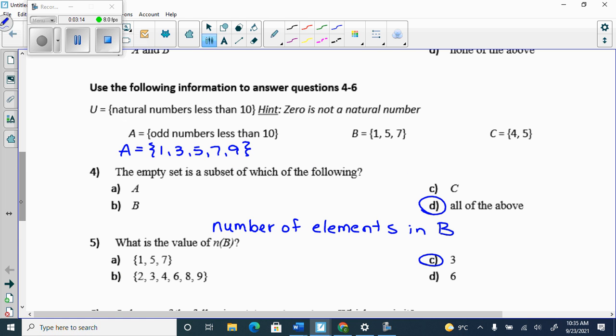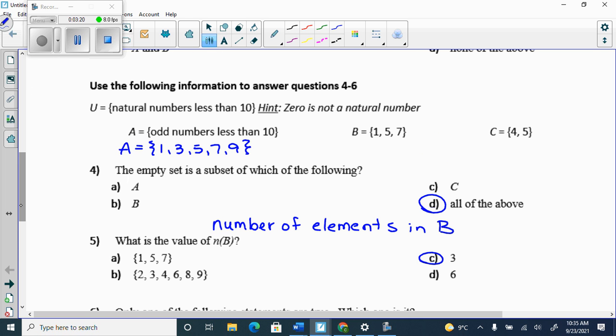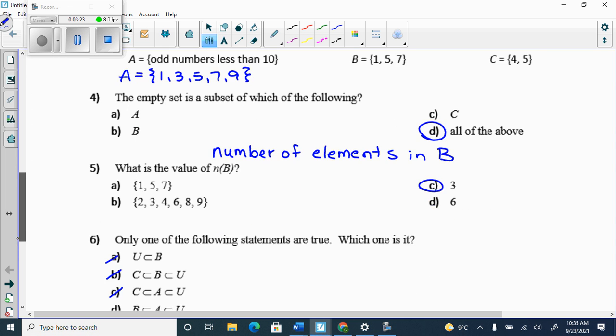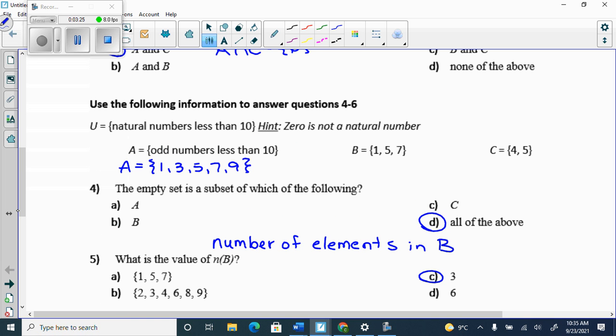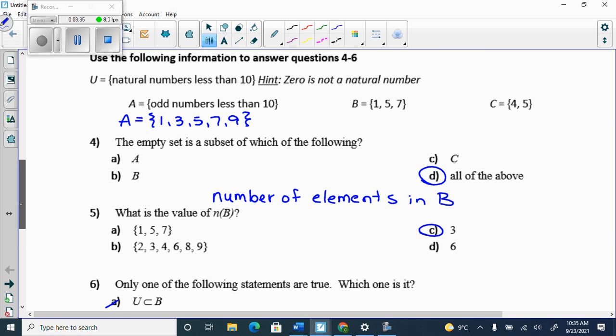A has no. B is a subset of A, is a subset of U. B has 1, 5, 7. A has 1, 5, 7. U has 1, 5, 7 and some more. A has 9 and 3.